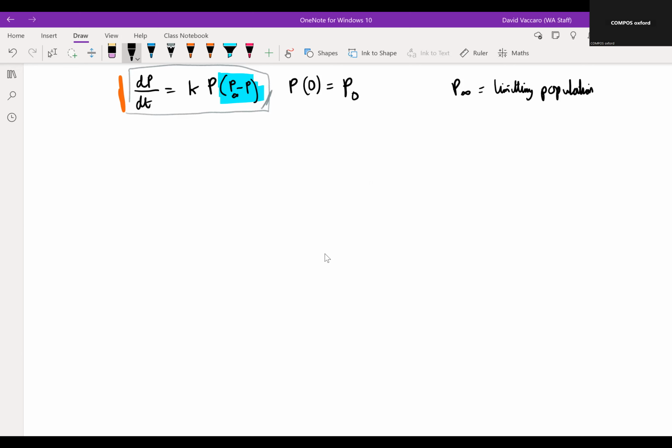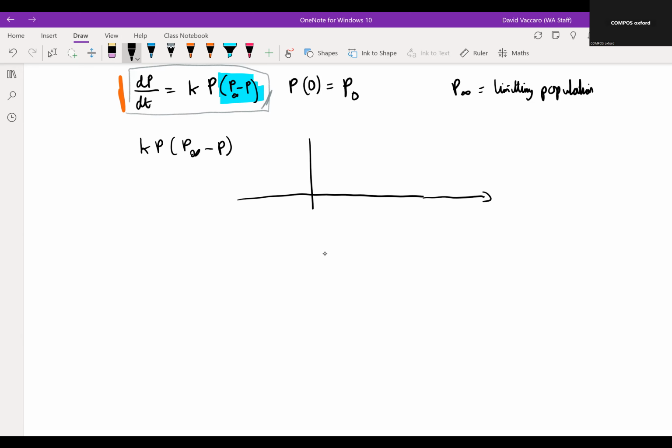What I'm going to do is try and convince people that Edith had the right picture. And what I'm going to do first is just consider this expression: kP(P infinity minus P). I'm just going to draw this on a sort of axis, and I'm only going to draw it for positive P because negative population doesn't make any sense.